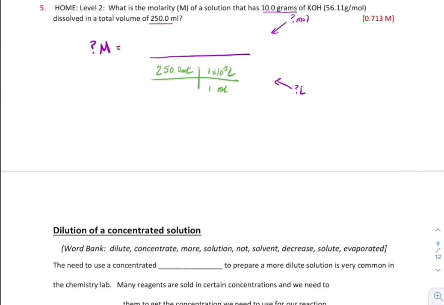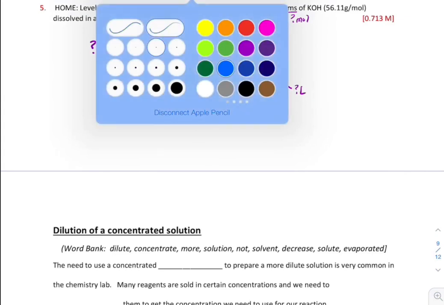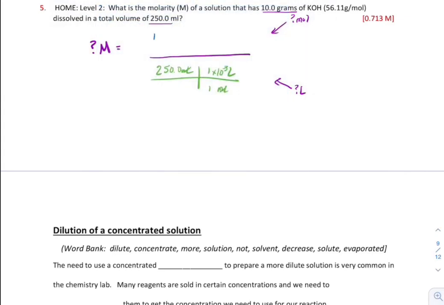My milliliters again, sorry, I've got my liters. And then I'm going to grab blue and do blue top. So here I've got 10.0 grams. And then I'm going from grams into moles. So 56.11 in 1 mole.